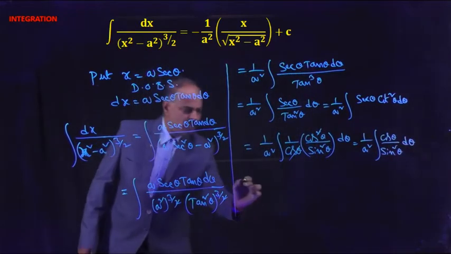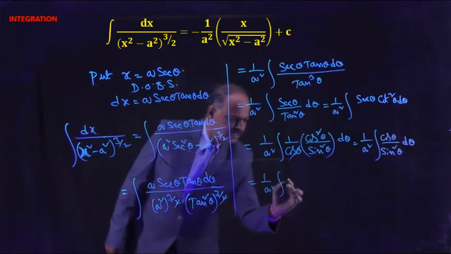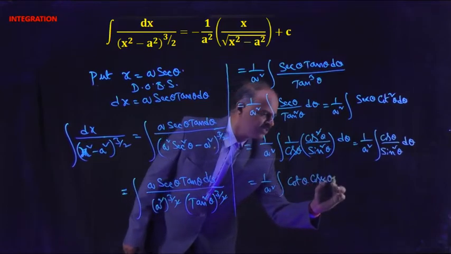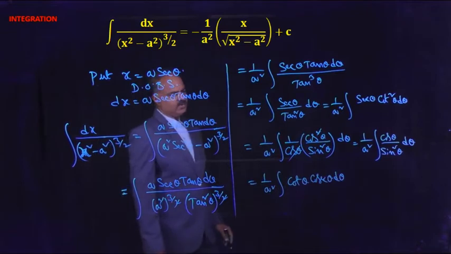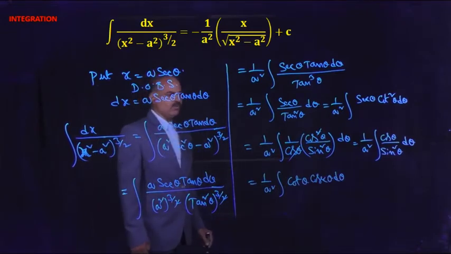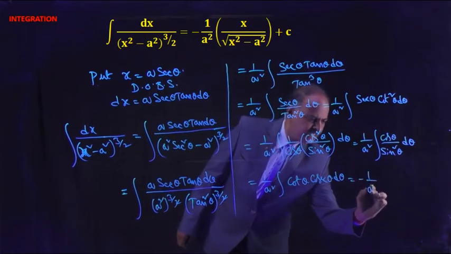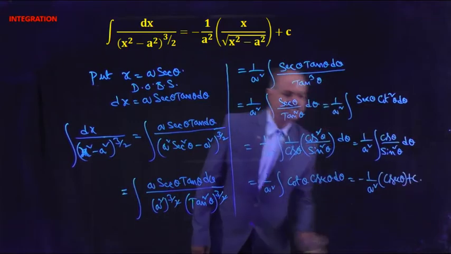Now this equals 1 by a square into integral cot theta into cosecant theta into d theta. We know that integral cosecant theta into cot theta d theta equals minus cosecant theta. So here minus 1 by a square into cosecant theta plus c.